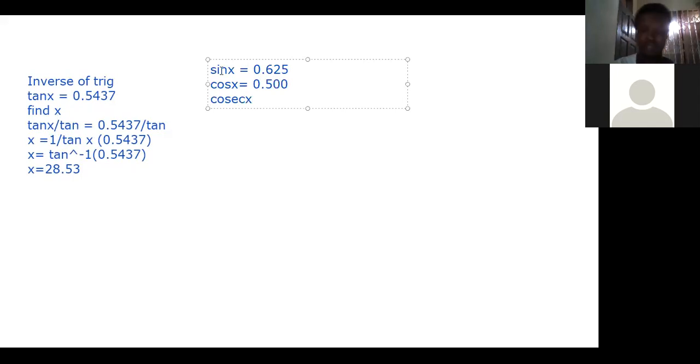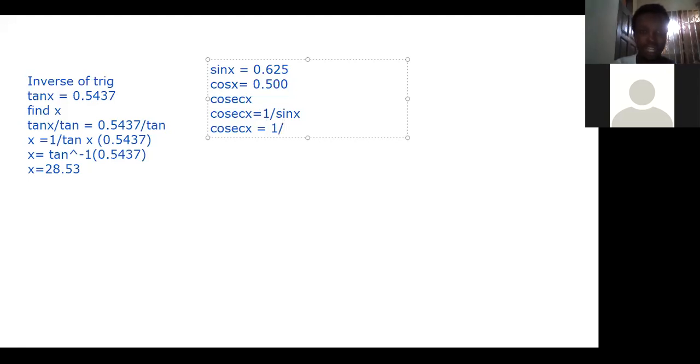The cosec x. What's a cosec? The other day we said cosec is simply 1 over sine, right? So cosec x is equal to 1 over sine x.